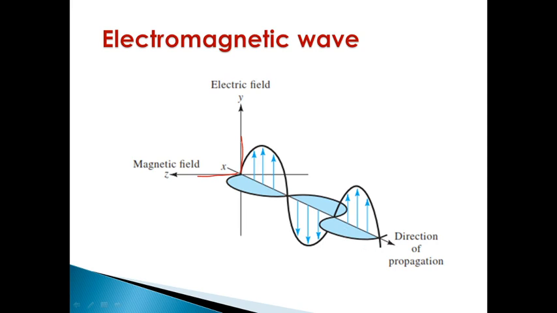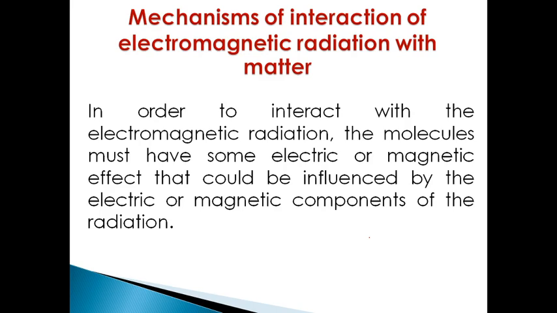So, this is the electromagnetic wave. The electric component is present in the y direction, which is upward, and the magnetic component is directly perpendicular to the electric component. These two components are both perpendicular to the x direction, and the propagation of the wave can be like this.